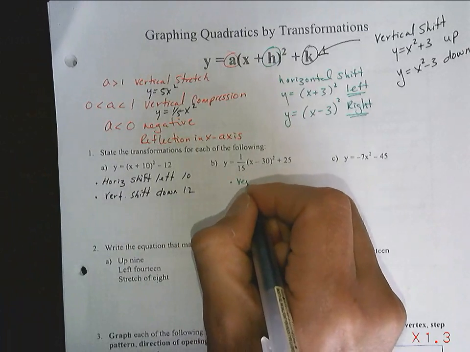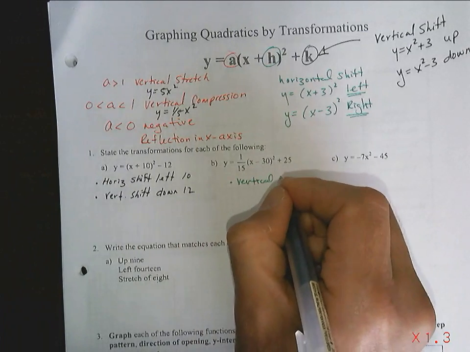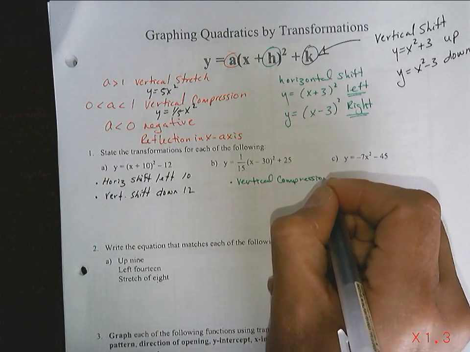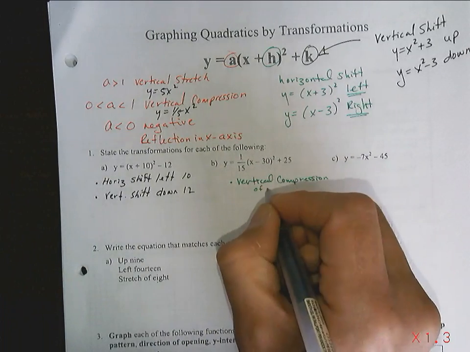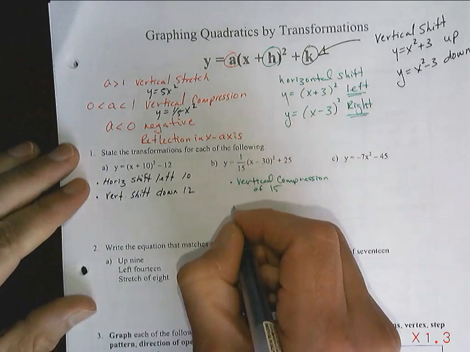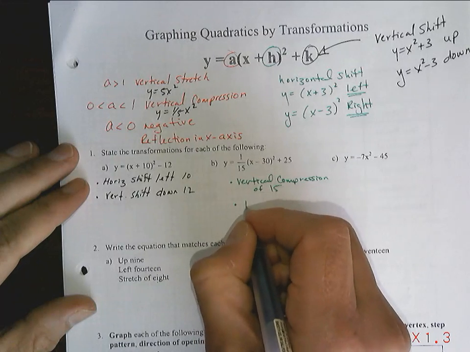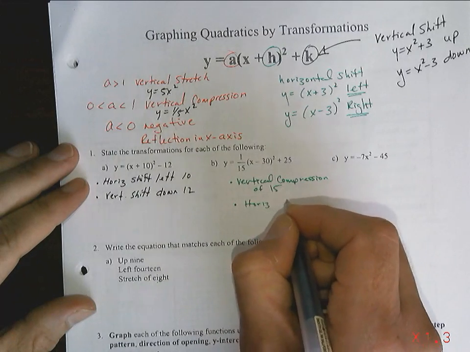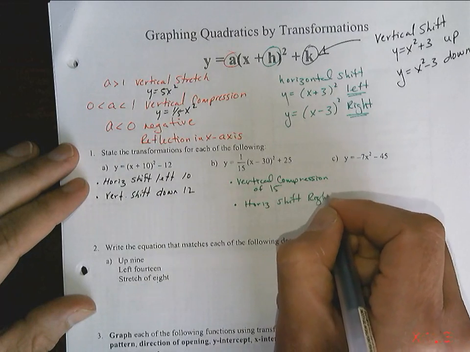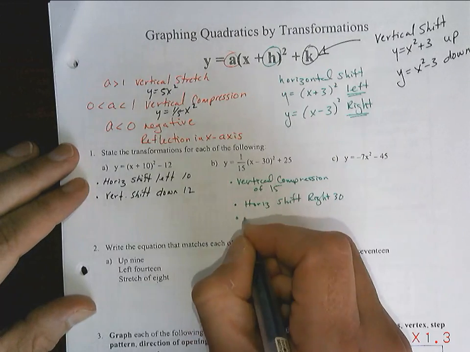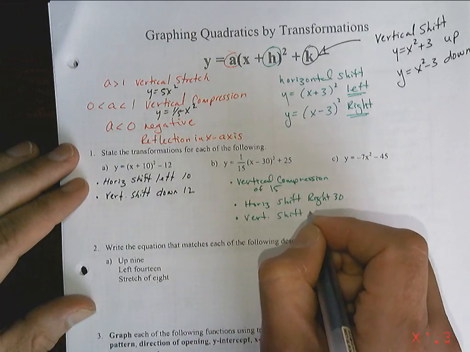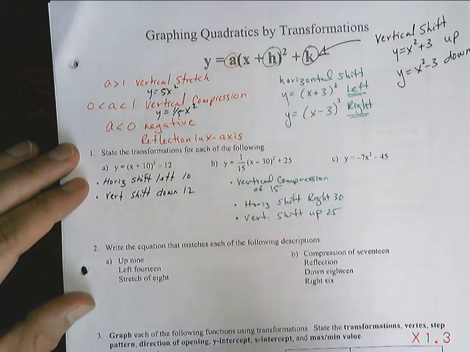I've got a vertical compression of, some people will say 15, some people say by a multiple of 1 over 15. This will be a horizontal shift right 30 and a vertical shift up 25.